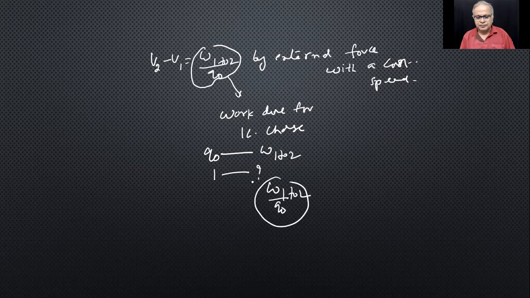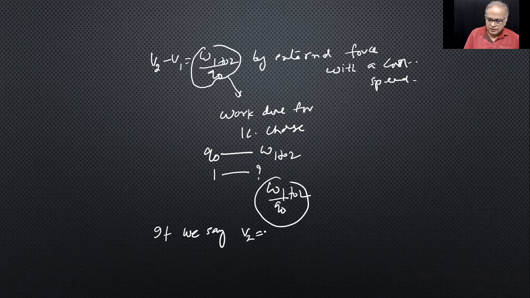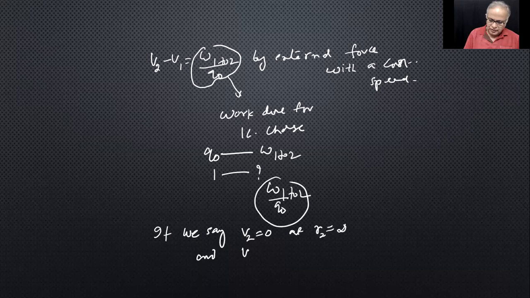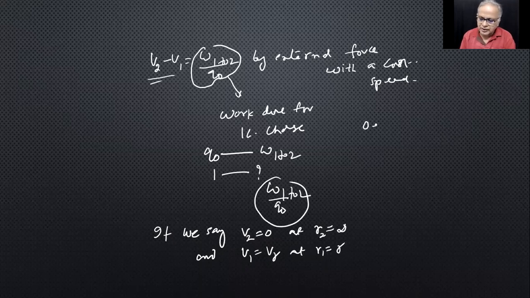So if we say V2 equals 0 at R2 equals infinity, and V1 equals V at R, R1 equals R, I can write from here 0 minus V at R is equal to what?